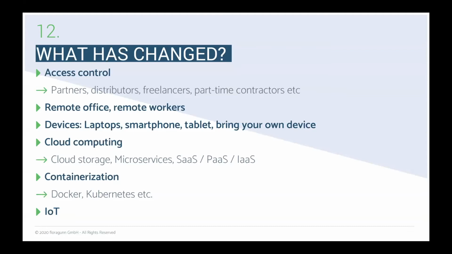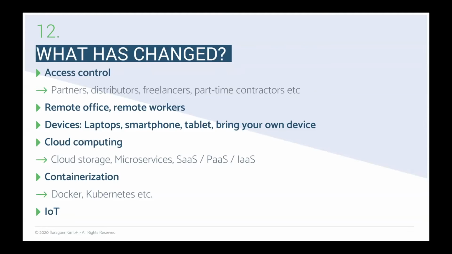And of course, we're in the age of cloud computing. So I guess most companies run one or more cloud services in their infrastructure. So we have cloud storage, microservices, software, platform, and infrastructure as a service, which basically means that you're outsourcing parts of your IT infrastructure and giving control to your cloud provider, your cloud vendor.